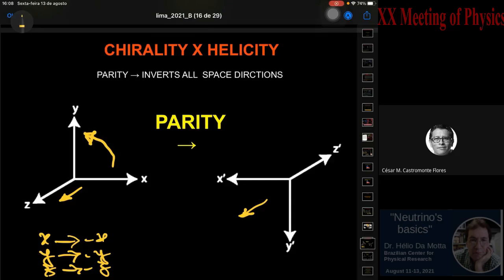In vector analysis, usually I call these the unit vectors i, j, and k, right? So what I have is i cross j equals k.